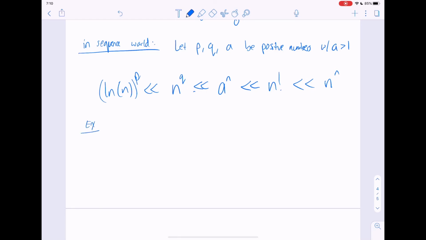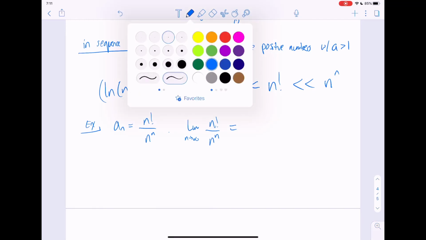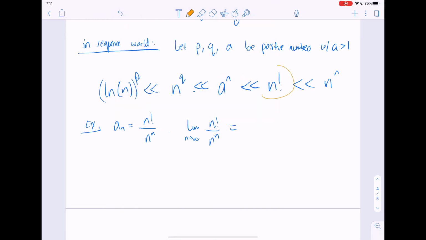If I wanted to consider the sequence a sub n equals n factorial over n to the n, and I wanted to know what the limit as n goes to infinity of n factorial over n to the n is, well, if I remember that n factorial is here and n to the n is here, that means n to the n grows much faster than n factorial, which means the numerator is beating out the denominator, which means this limit is equal to infinity.